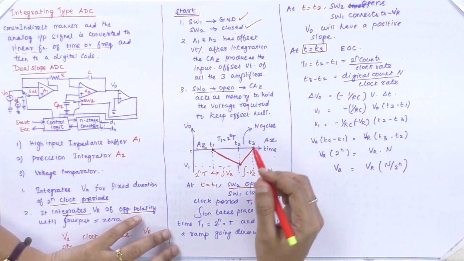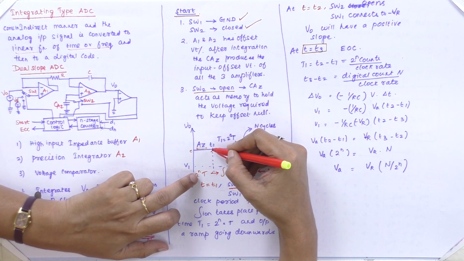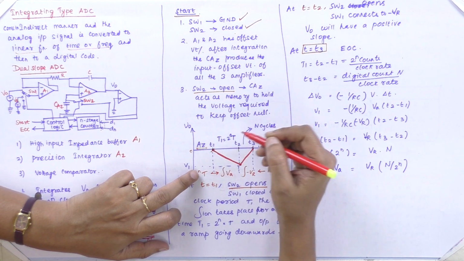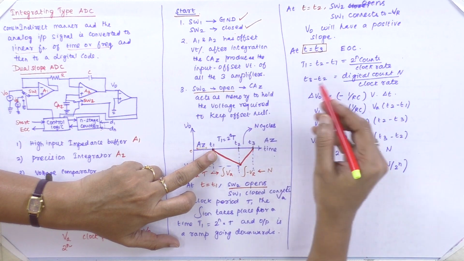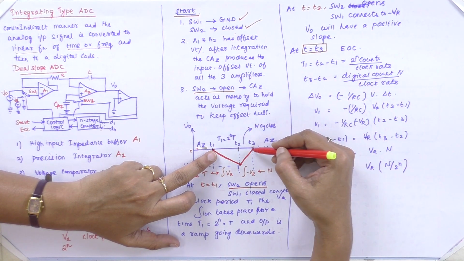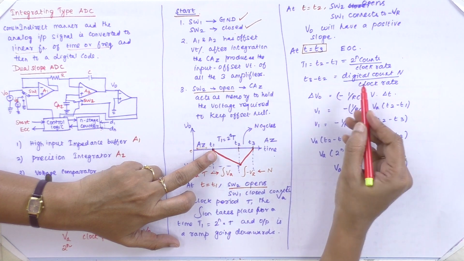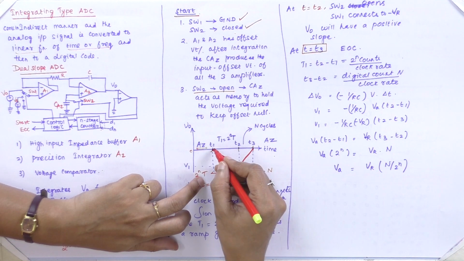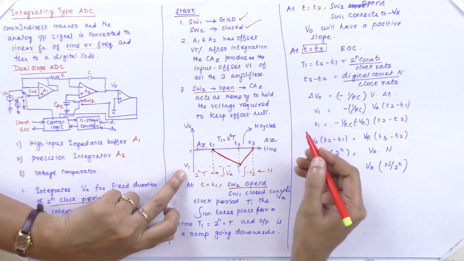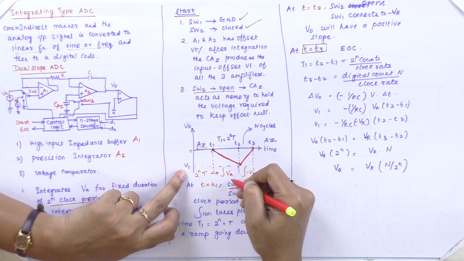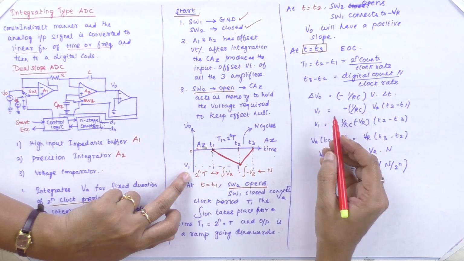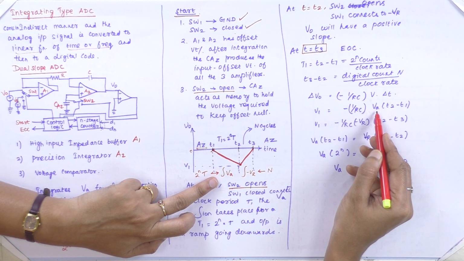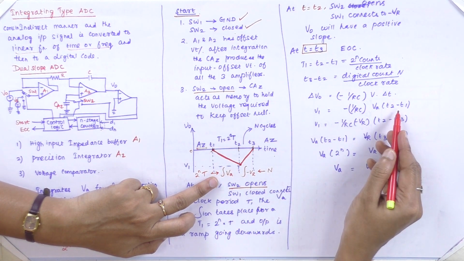Coming to the derivation, capital T1, which is T2 minus T1, equals 2 power n count by clock rate t. Similarly, T3 minus T2 is the digital count by clock rate. For the voltage V1, the integration of the analog signal can be written as minus 1 by RC into VA into the time period T2 minus T1.